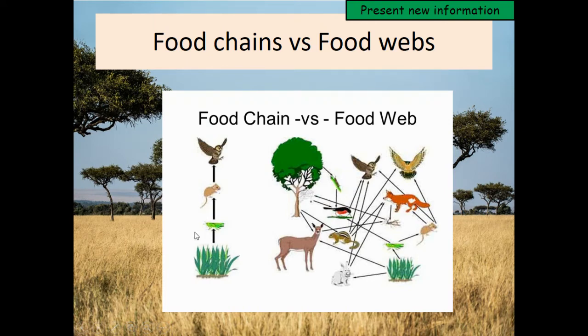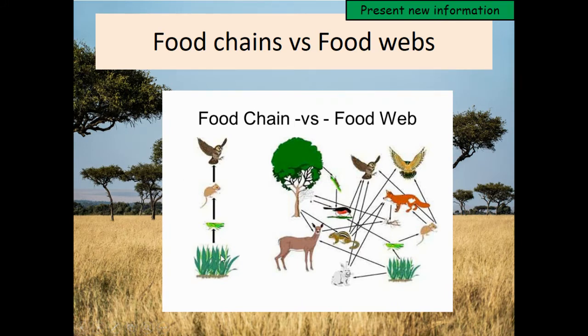You start off with your plant, that gets eaten by a cricket. A mouse might then eat that cricket, and then the owl will eat the mouse. So you start off with the plant, which gets eaten by the cricket, which will then be eaten by the mouse, which will then be eaten by the bird.